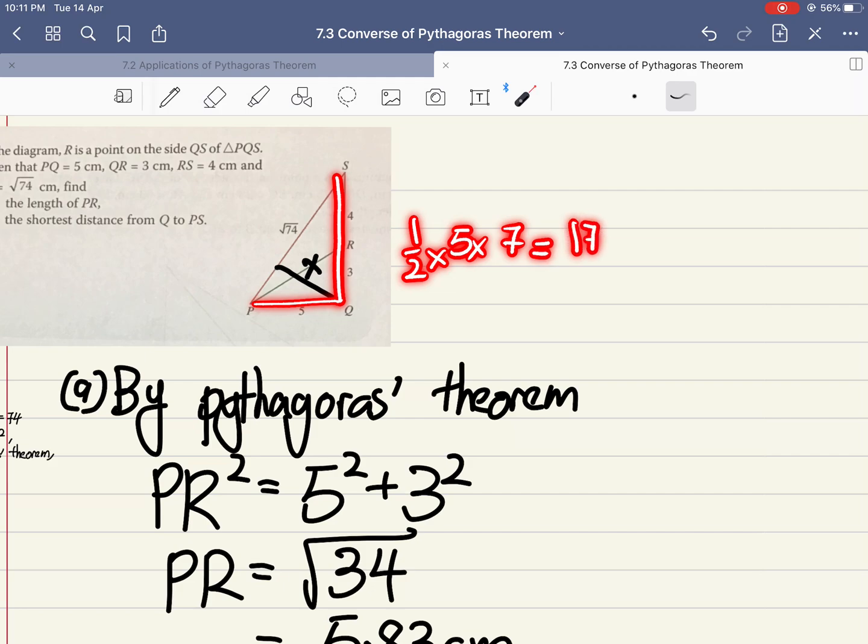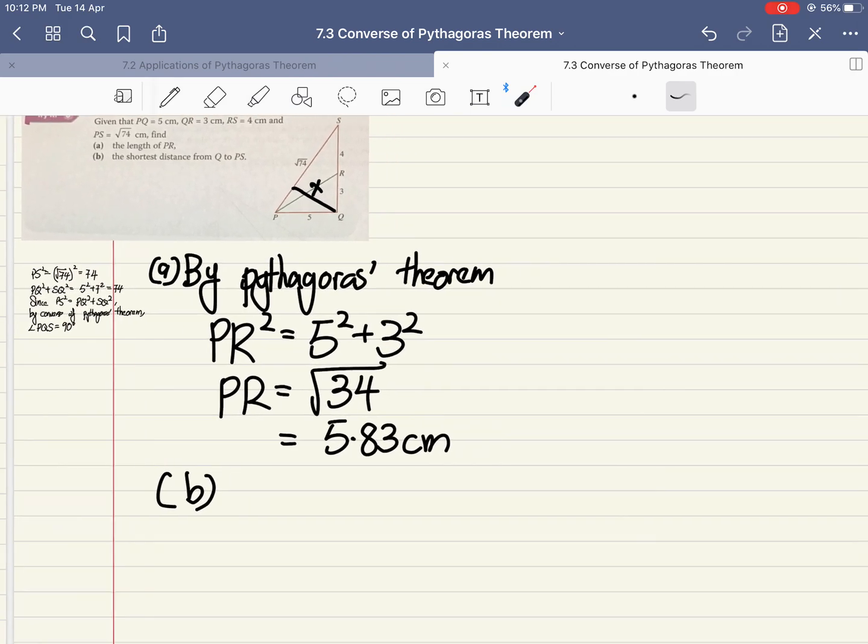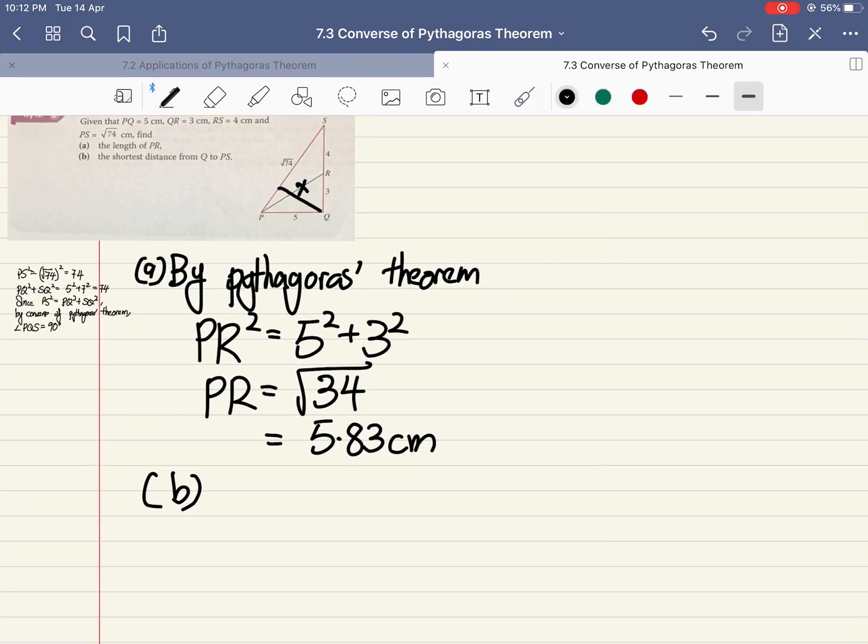So my area is half times base times height, which is 17.5 cm square. So that is the area of the triangle. If you rotate the triangle and PS is the base and X is the shortest distance, it will also be half times base times height.